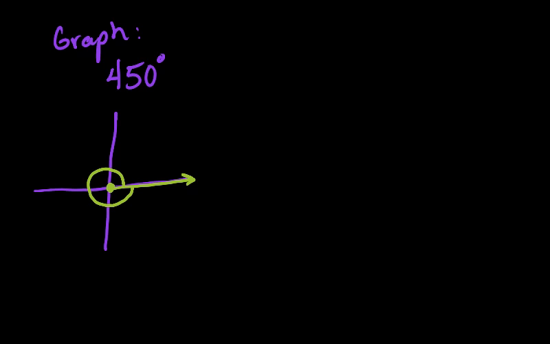Now, if you want to figure out how much more it's going to continue to spin, I would suggest that you take 450 and subtract 360. If you do that with a calculator or in your head, that's 90 degrees. And so that means this angle is going to continue for 90 more degrees and end up right there.